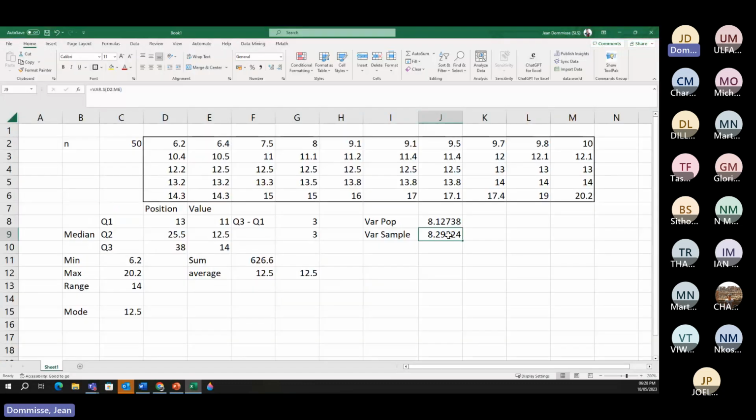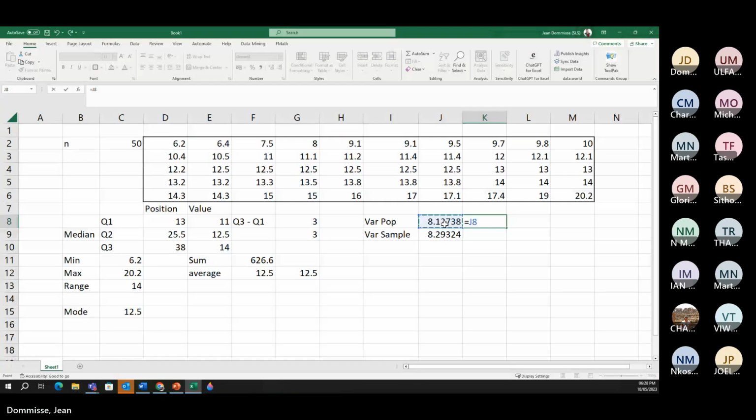And then to get your standard deviations, you can do two things. You can say the square root, or you can also say standard deviation of the population, and again standard deviation of the sample.